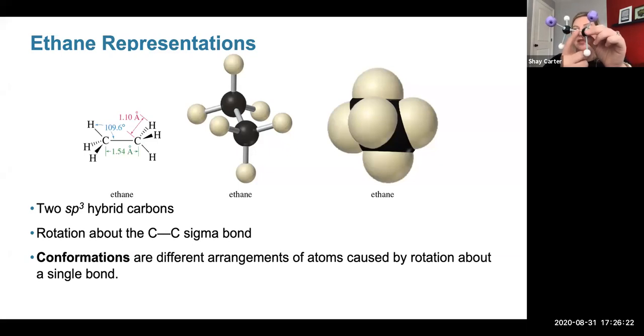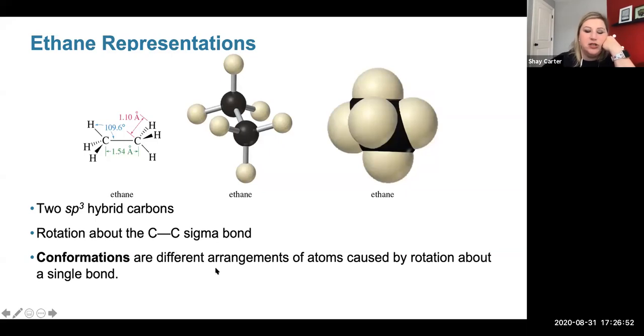Sigma bonds are directly within the internuclear axis, which means it's in between these 2 atoms. Whereas a double bond occurs above and below the internuclear axis. But because this is a single bond, it allows free rotation around that central bond. We're going to talk more about that in just a second.